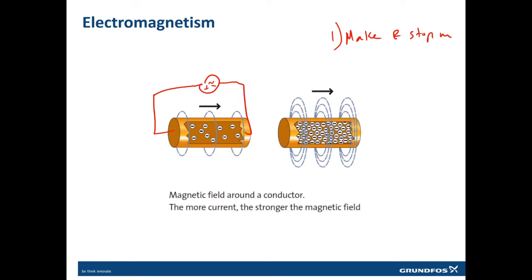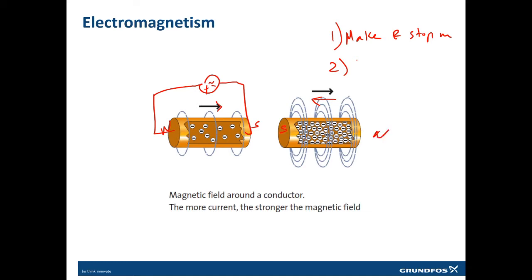The second thing which we have achieved is control of the direction of north and south, or direction of the magnetic field. If the current is flowing in this direction, north and south, for example, will be on this side. But if we reverse the direction of the flow of current, the north and south will also change direction.